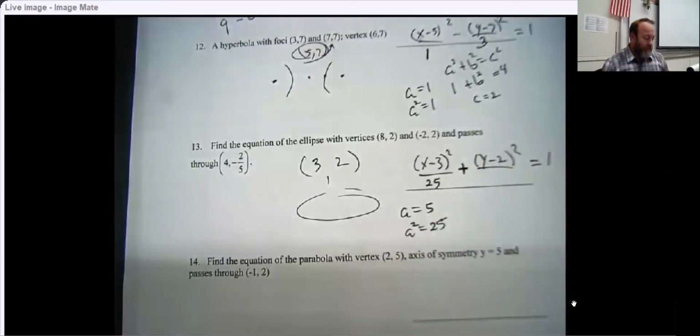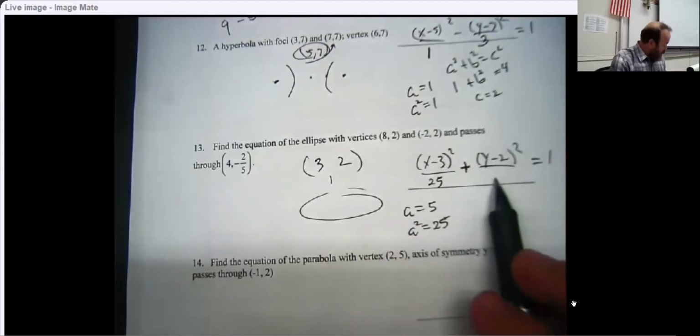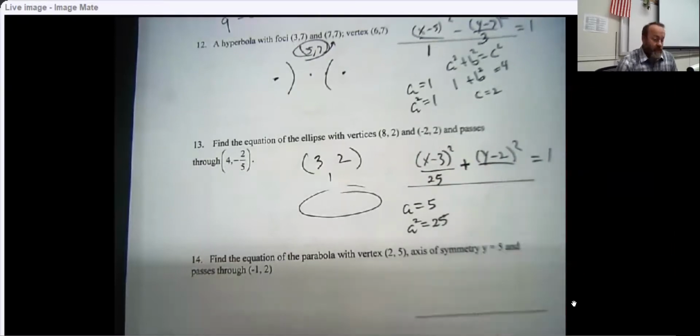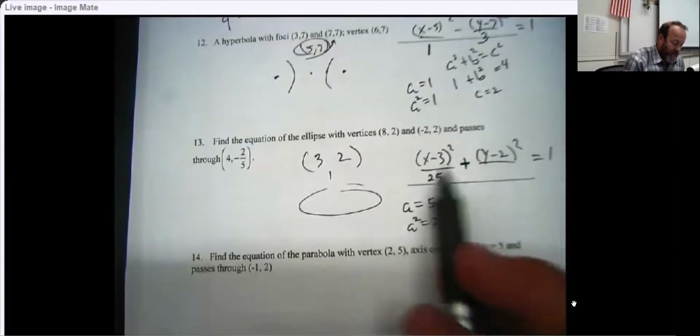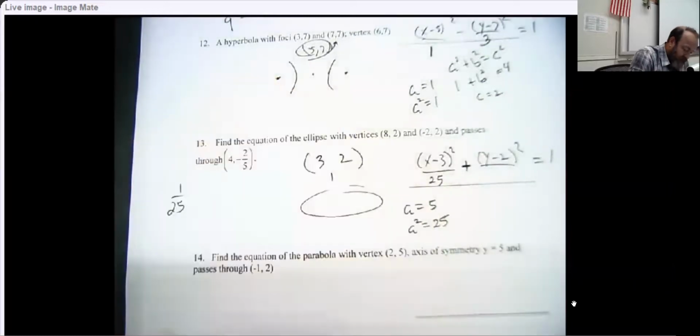Now, this is where the problem became a little bit interesting, because if I call this b squared, then I need to make it go through this particular point, which is kind of interesting. So I'm just going to go ahead and plug it in and see what happens. And we're just going to leave this as b squared for the moment. So if I plug in the number 4, 4 minus 3 is 1. 1 squared over 25 is just 1/25.